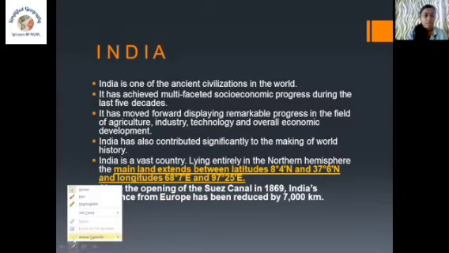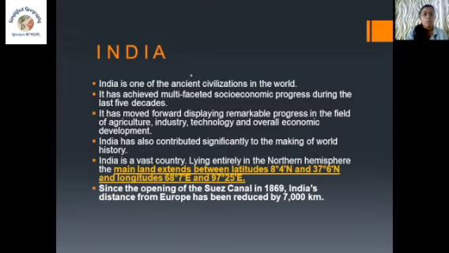India as a country is one of the ancient civilizations in the world. There are different civilizations we have read about, like Chinese civilization, Mesopotamian civilization, then Egyptian civilization. There are several civilizations we find while learning history, civics and geography.